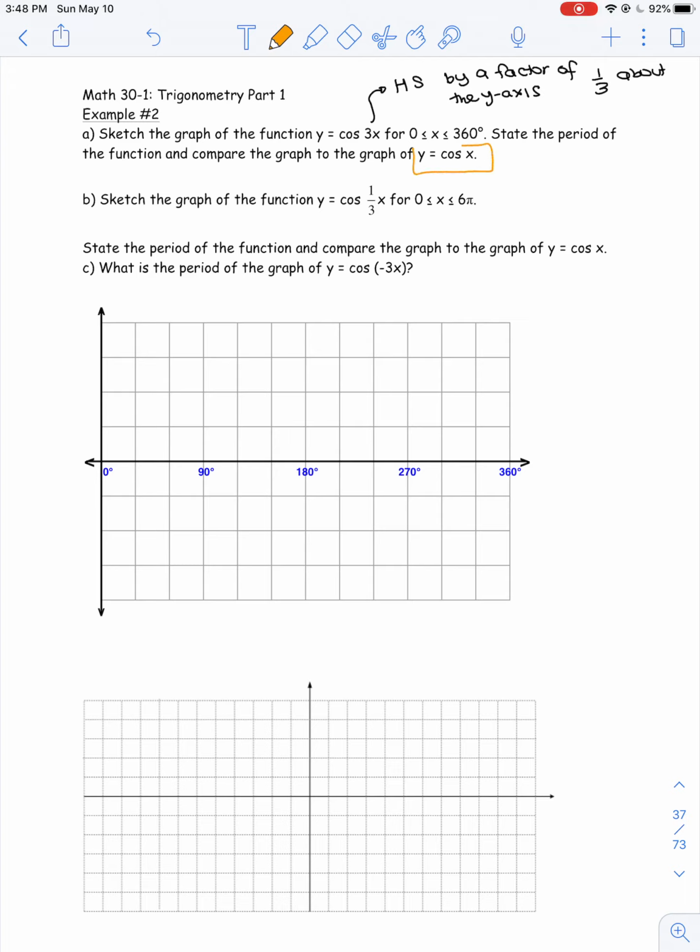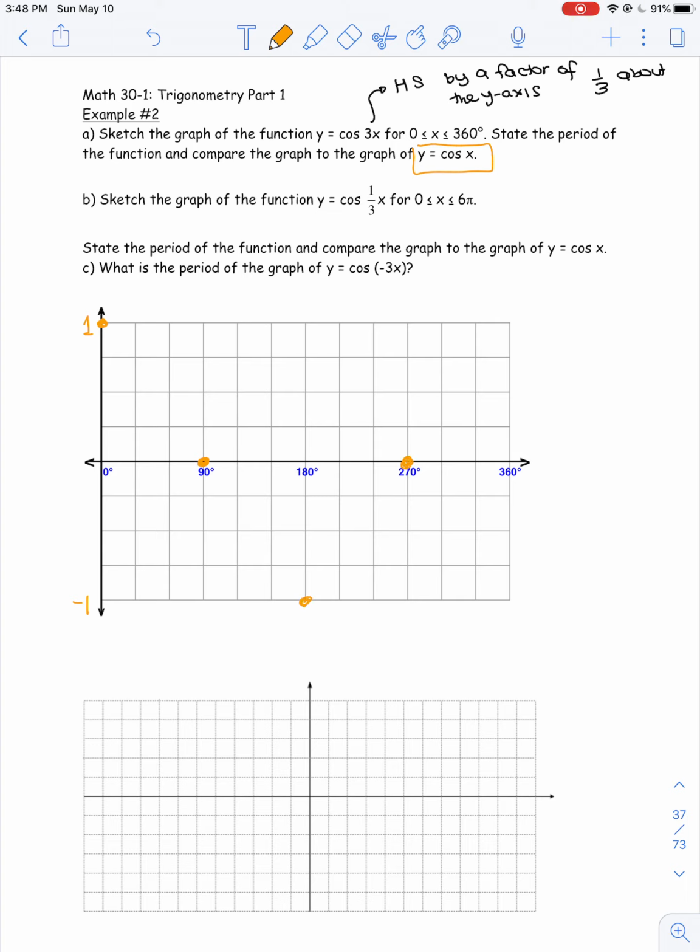So I'm going to do that in orange, and that way you can see it. So with this one, I'm going to stretch it out a little bit and put +1 here and then -1 here. Okay, so at 0, it should be at the maximum for cos at 1, and then it goes through the x-axis at 90 degrees, and then it goes to the minimum at -1.